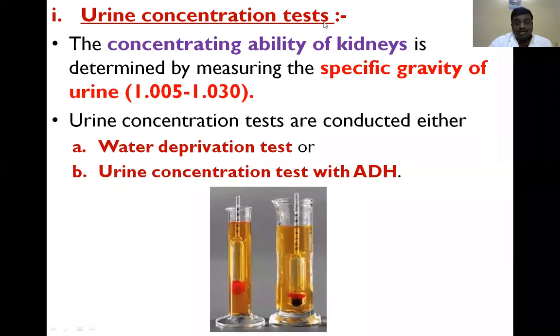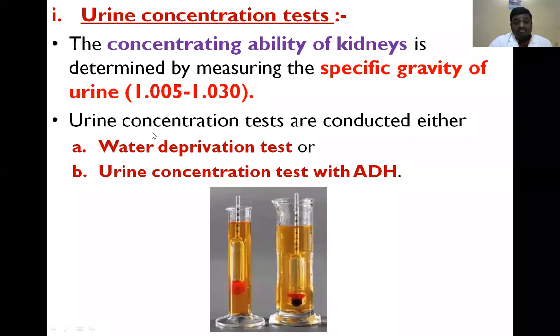In the urine concentration test, there are two types of tests we do on patients. Here we reduce the water given to the patient; this is the water deprivation test.